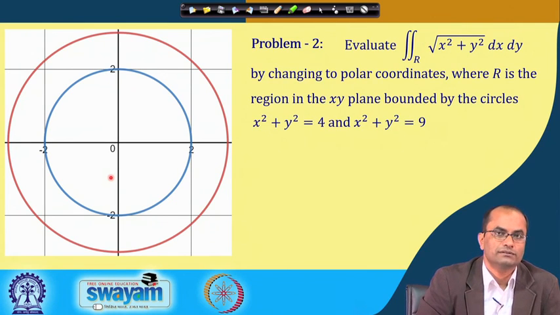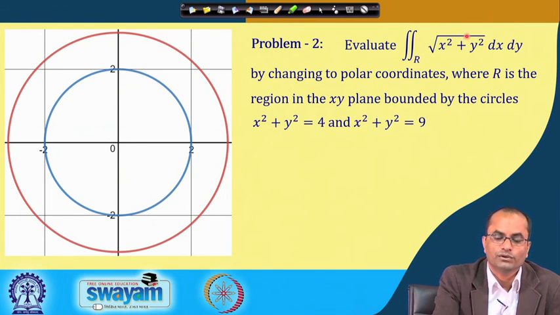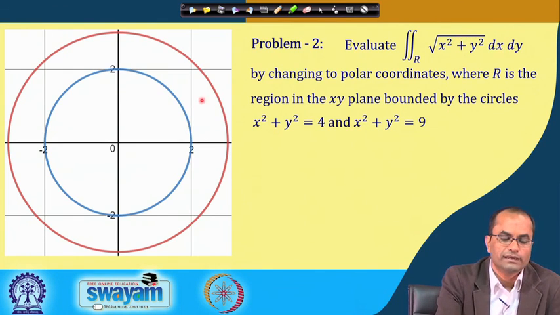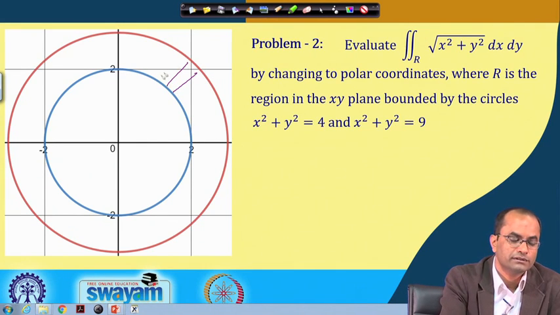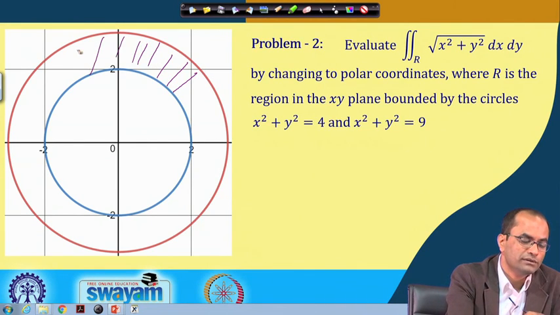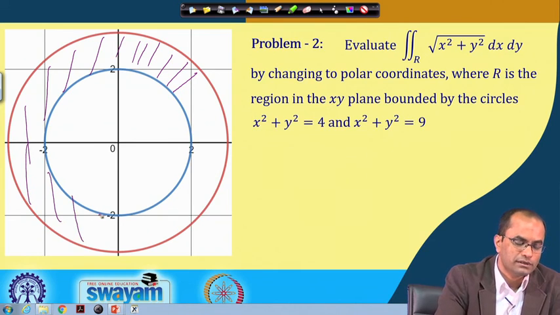Again, certainly in this case changing to polar coordinates will help us, because of the integrand as well as because of the region, which is bounded by these two circles.